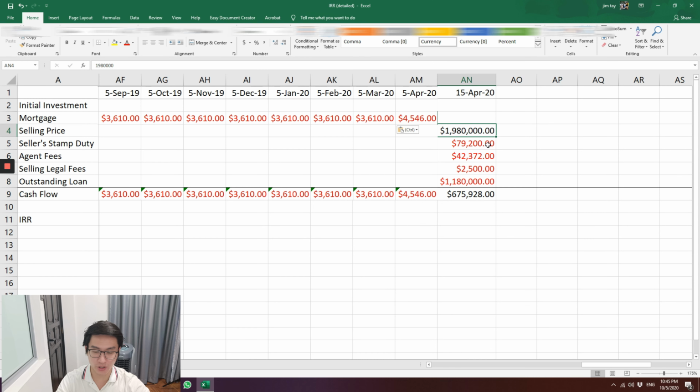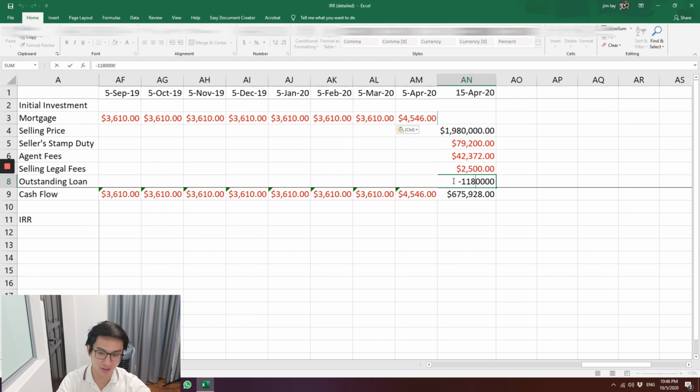Now I will put in the costs, as it is only the 3rd year of a 4-year seller's stamp duty liability period. There is a seller's stamp duty here of 4% of the purchase price. Agent's fee, I choose a standard amount of 2% plus GST, which is 2.14%. Selling legal fees of 2,500, as well as an outstanding loan remaining of about 1,180,000.